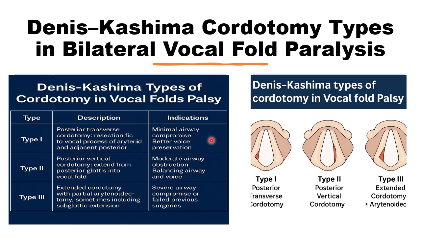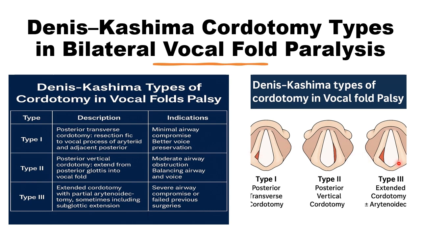In the simplest form, in the type 1 Dennis Kashima cordotomy, the vocal process of the arytenoid would be ablated together with an adjoining part of the posterior part of the vocal fold and the posterior third of the vocal fold. In grade 2, this is the posterior vertical cordotomy. The cordotomy would be extended up to the half of the vocal fold anteriorly, rather than just cutting transversely as in type 1.